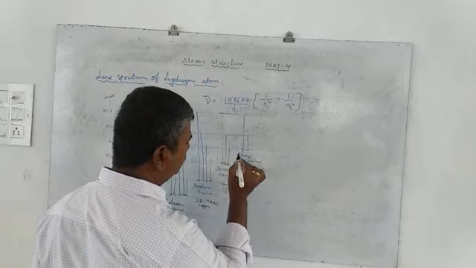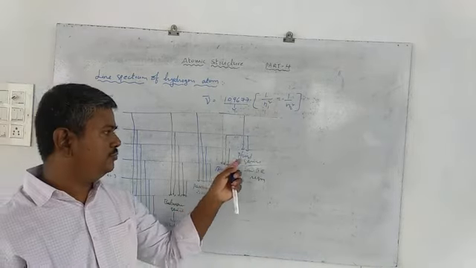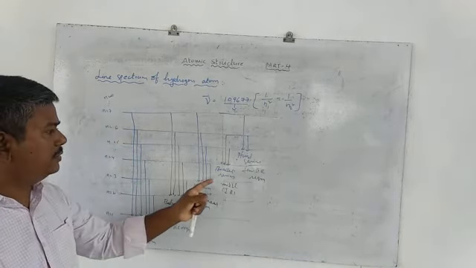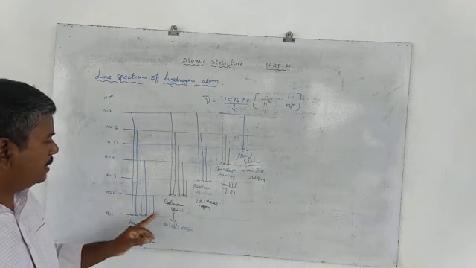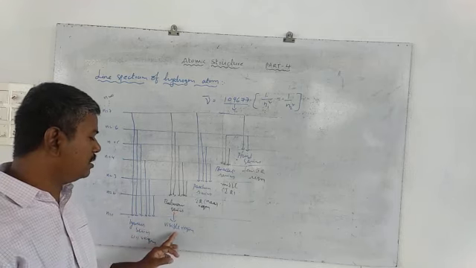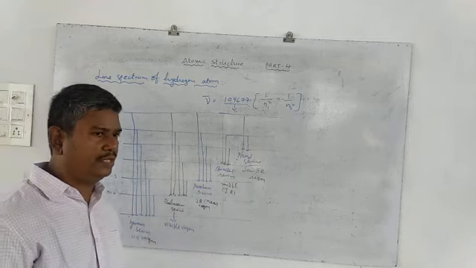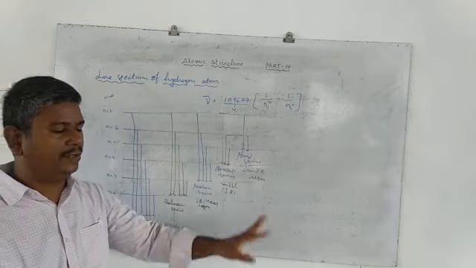So Paschen, Brackett and Pfund are in the IR region, Lyman in the UV region, and Balmer in the visible region. This is the line spectrum of hydrogen.